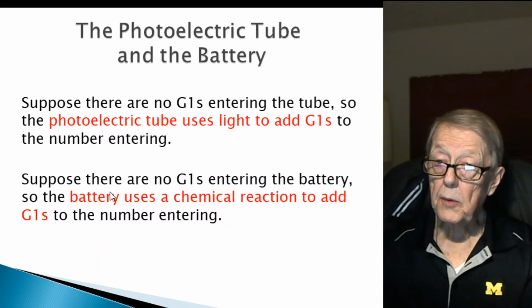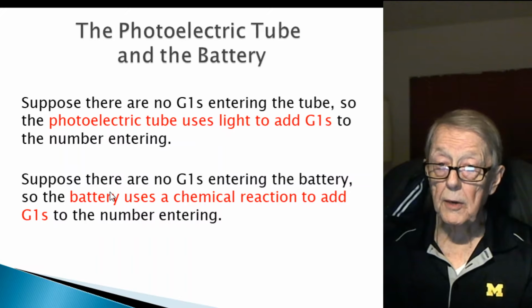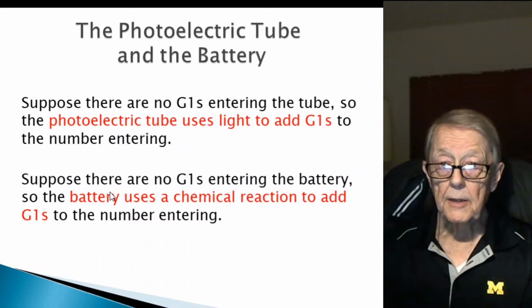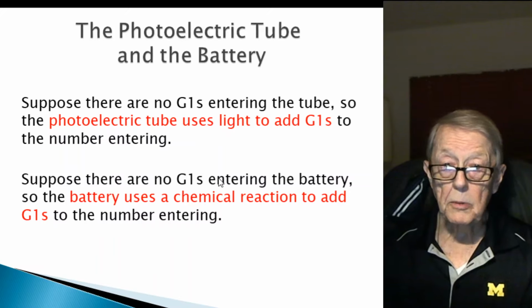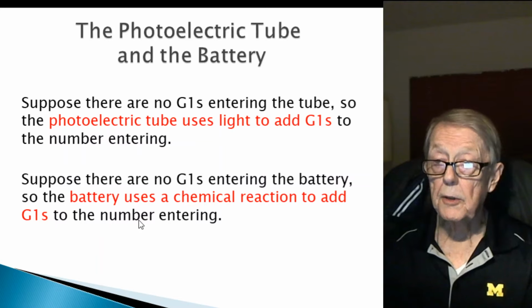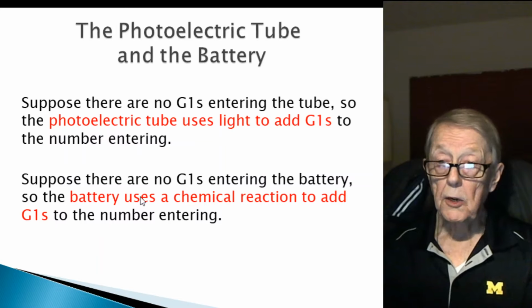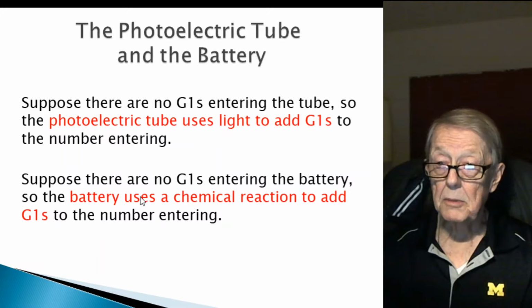And I noted that, wow, there's a one-to-one correlation of lost voltage and lost G1s. Almost immediately I went around the circuit to the battery and said, wow, if it's going to be balanced and stable, the battery has to add. The battery uses a chemical action to add.